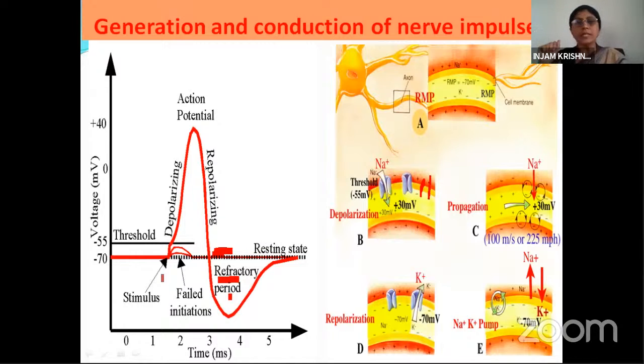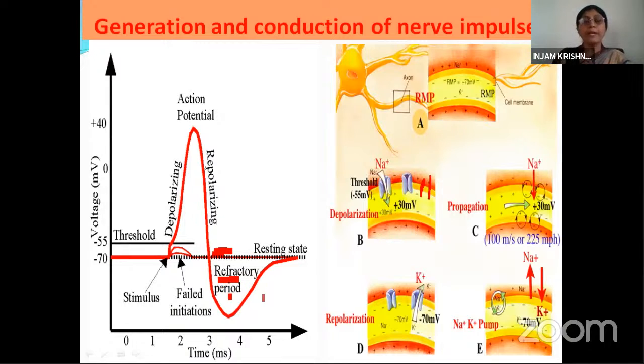Your mother asks you, please, you do this work, but you reject it: no, I can't, I am exhausted. In the same manner, this membrane is not able to take that stimulus, not able to react. This is called refractory period.